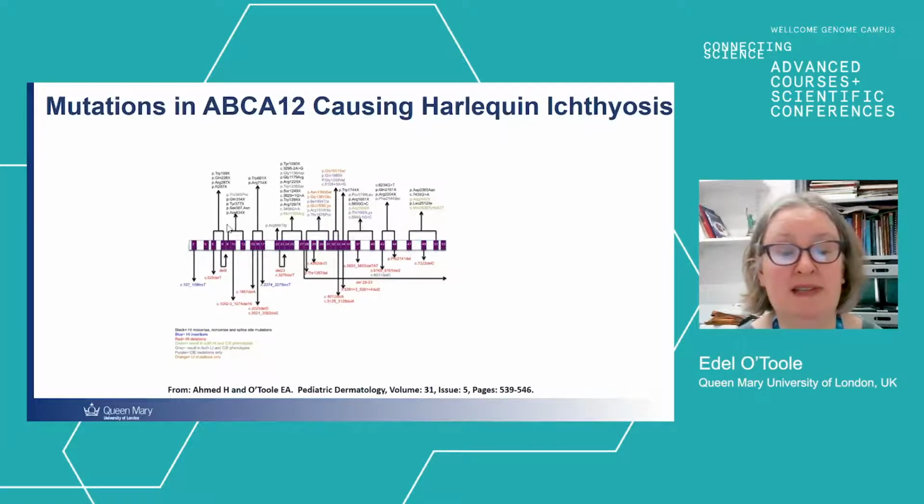These can be missense, nonsense, or splice site mutations. You can also get insertions shown in blue or deletions shown in red. Deletion phenotype is generally quite severe. And in green, grey, purple, and orange, you see mutations causing other types of ichthyosis, but they all have severe ichthyosis.